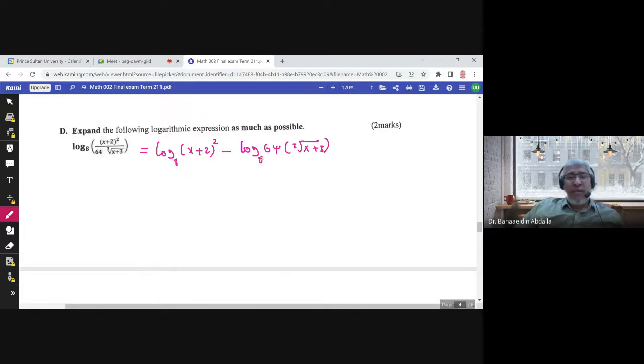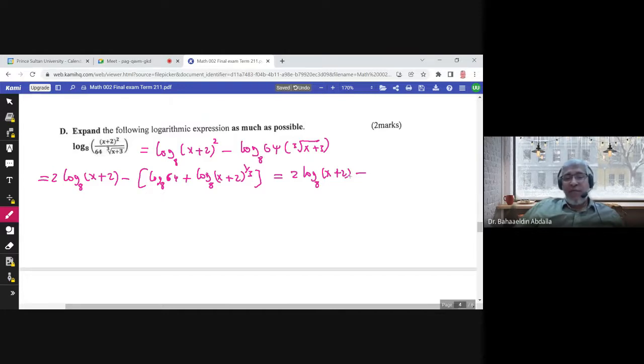And now I have a product here, so I can write log base 8 of 64 plus log base 8 of x plus 3 to the power 1 over 3, the third root.